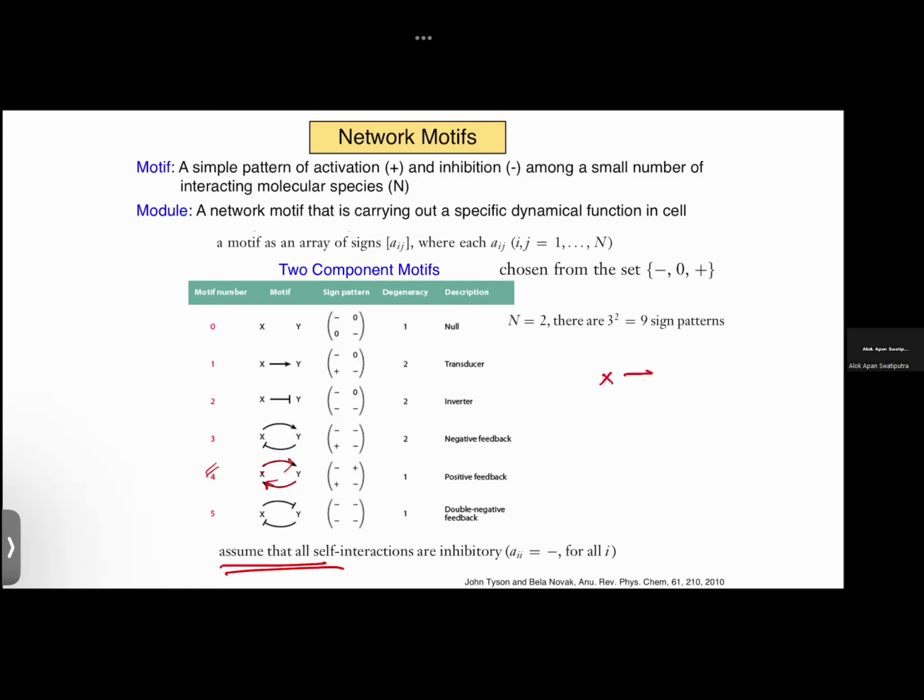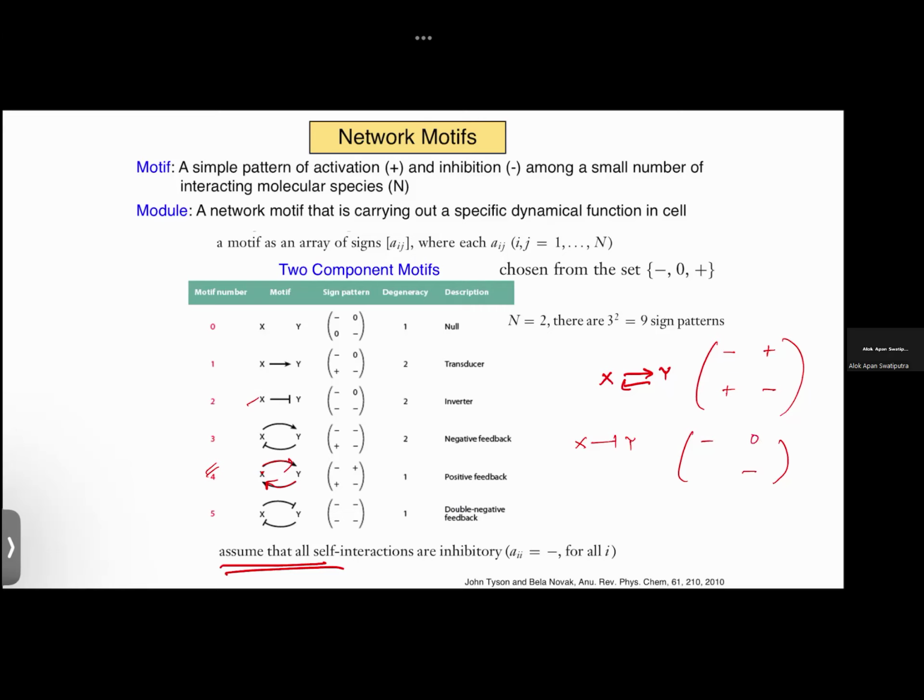So if X is activating Y and Y is activating X, if I write a 2 cross 2 matrix, how should it be? The first one will be the XX interaction, which you can assume as negative. It's an assumption. The second one is how X affects Y. It's a plus. How Y affects X is also a plus. If you take this system where X inhibits Y, the self comes negative, right? How Y is affecting X, it is not affecting.